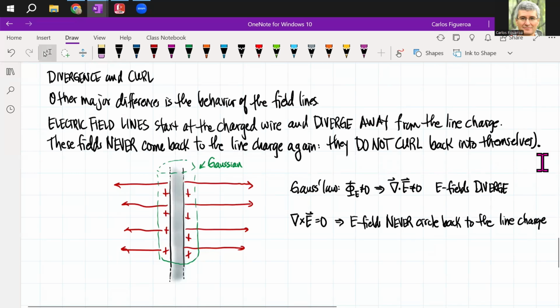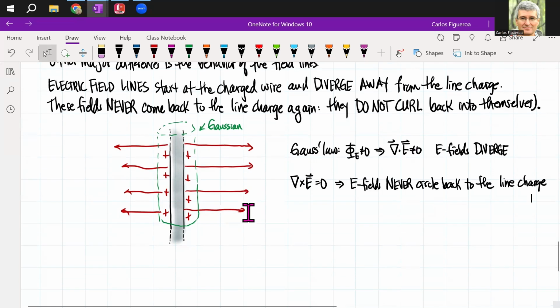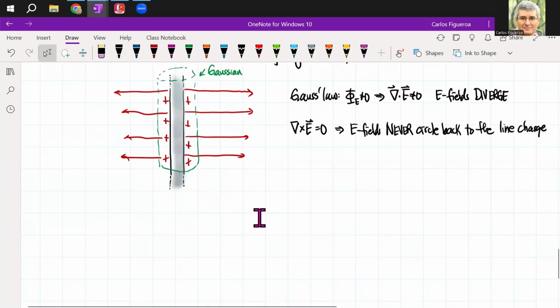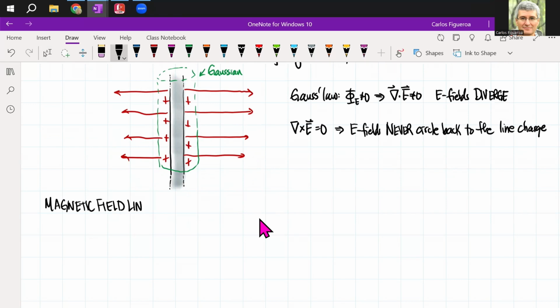Magnetic fields are just the opposite. Magnetic field lines are just the opposite.